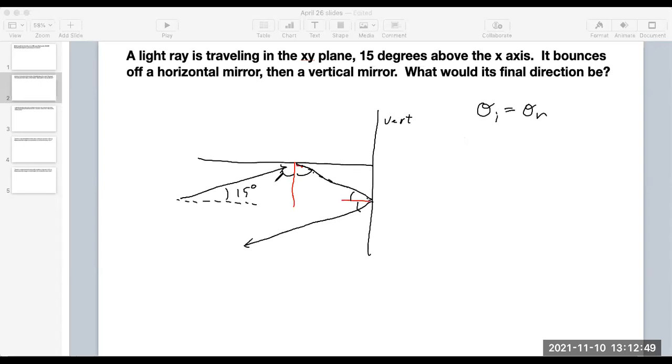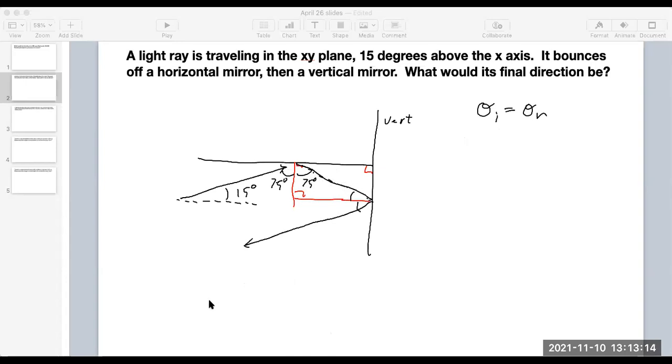To use this equation here, our angle needs to be 75 degrees. So then our angle here needs to be 75 degrees, and we've got 75 degrees here.